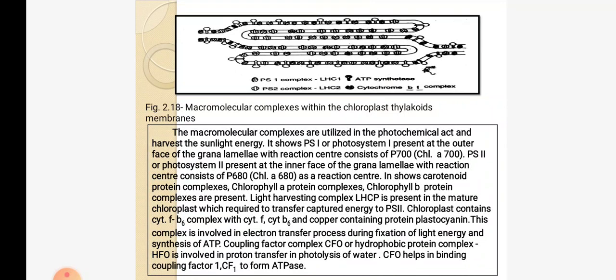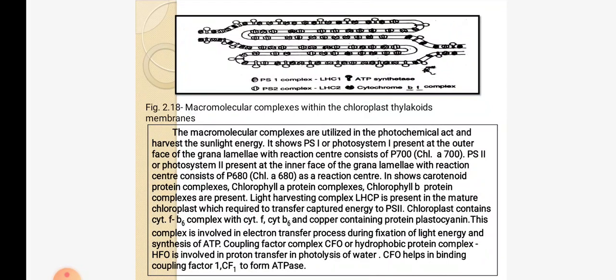It shows carotenoid protein complex, chlorophyll A protein complex, chlorophyll B protein complex, and the light harvesting complex, LHCP. This complex is required to transfer captured energy to photosystem second.